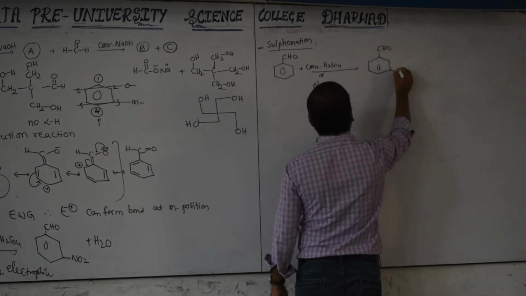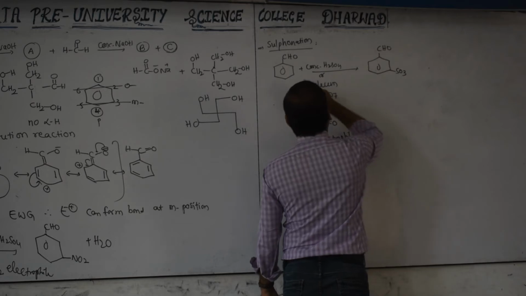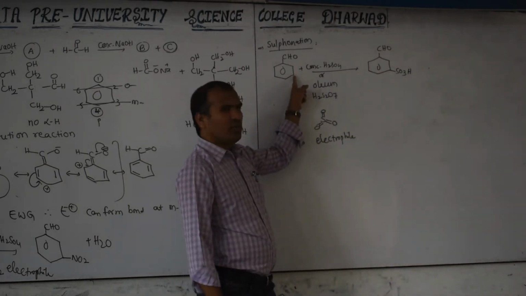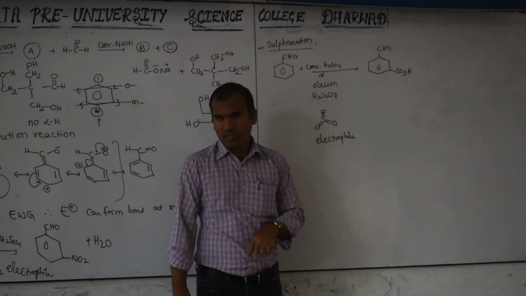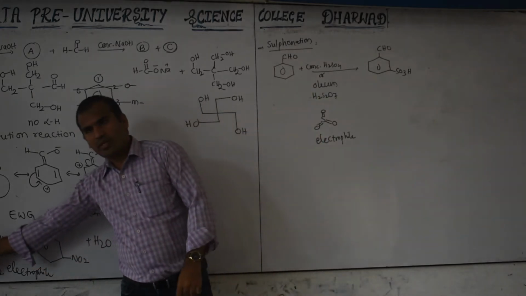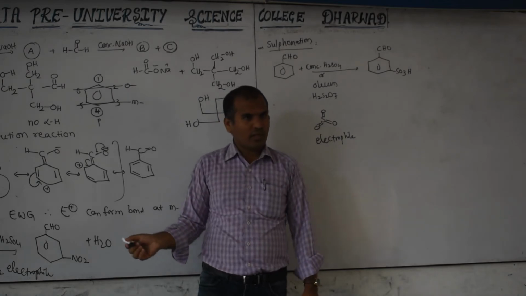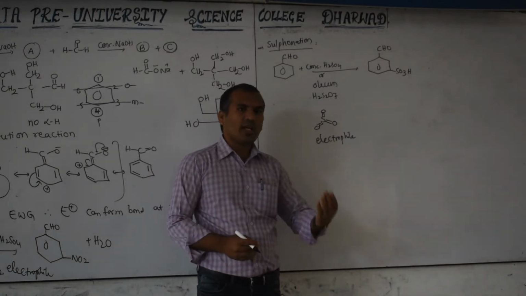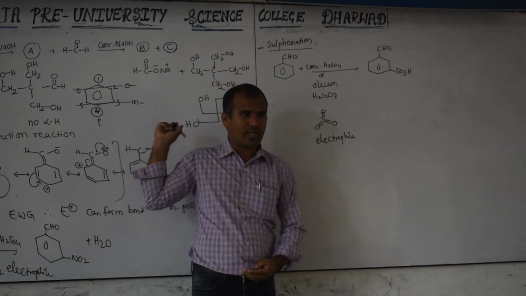Meta position. At this position one hydrogen is already there; every carbon has one hydrogen. Along with that, a water molecule is eliminated, so H plus is eliminated. That's why one electrophile can substitute another. This is an electrophilic substitution reaction.